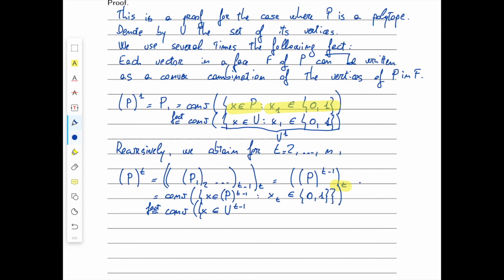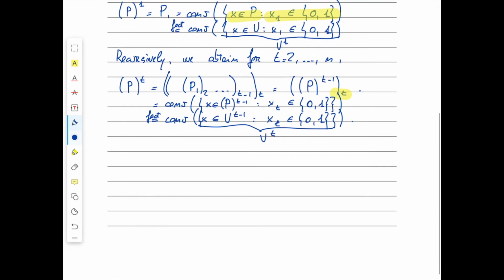So getting back to our equality, this is the convex hull of the points in V^(t-1) with xt in {0, 1}. And at this point, let's call again this set of points Vt, and let's understand exactly who this is.